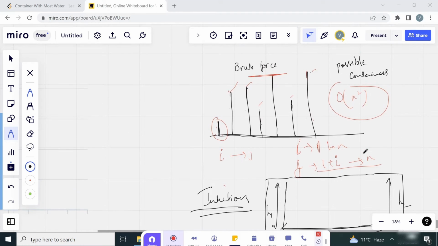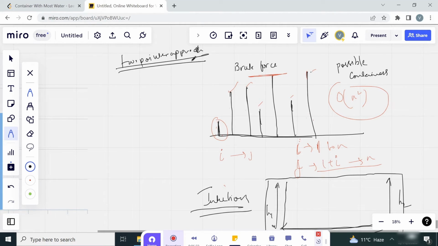So what we can use here is a two-pointer approach. The first pointer will be at the starting point, the start line.